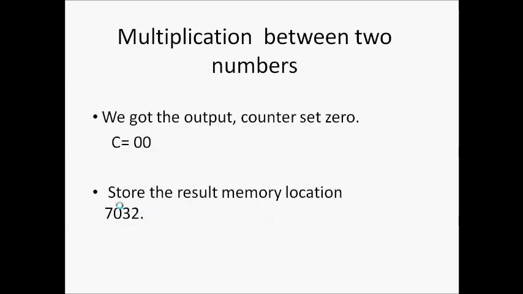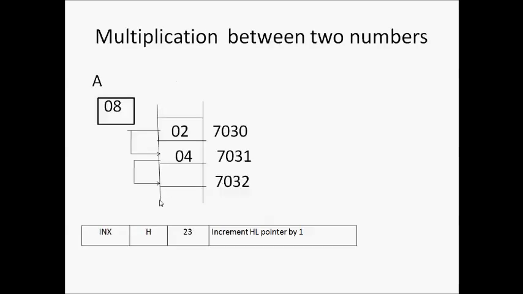If register C is 00, we get the output, the counter is set to 0, and the result is stored in memory location 7032. Right now our result is stored in the accumulator.